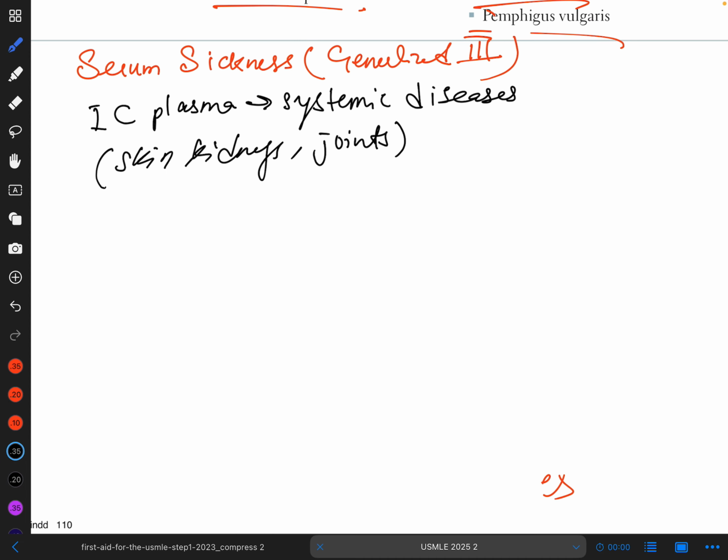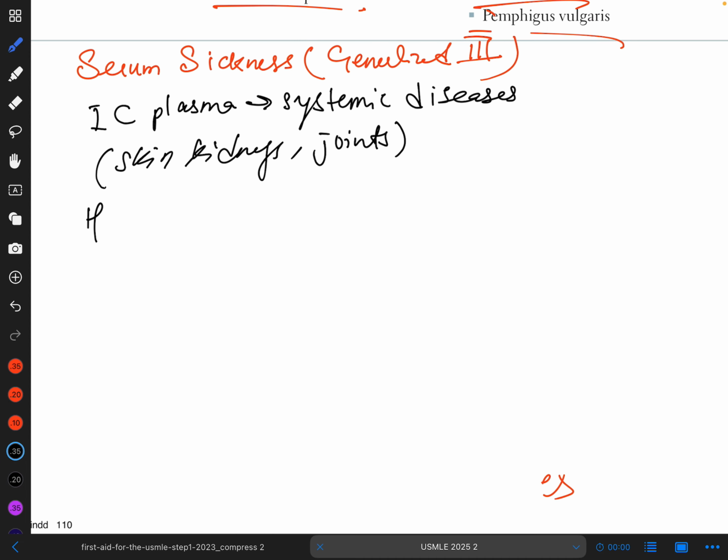Inevitably, 5 to 10 days later, there will be a triad of fever, rash, and arthralgia, due to the antibodies or horse serum antigens that deposit in the skin and joints. What happened in the previous time? They were giving passive immunization. What is passive immunization? We are giving a pre-formed antibody to a human being.